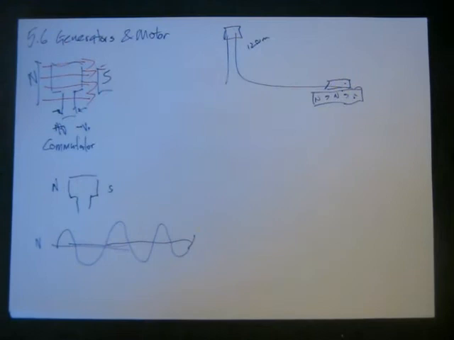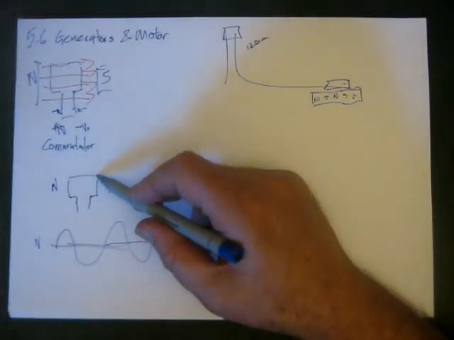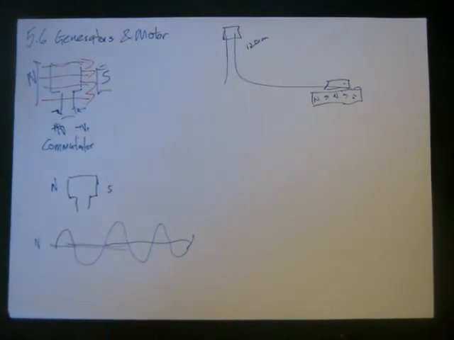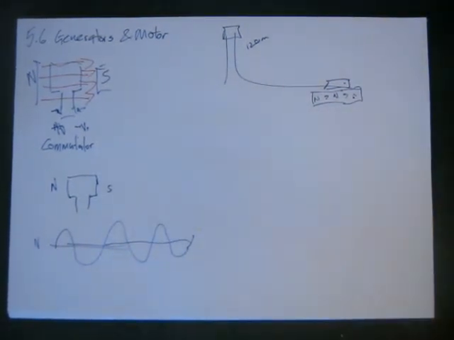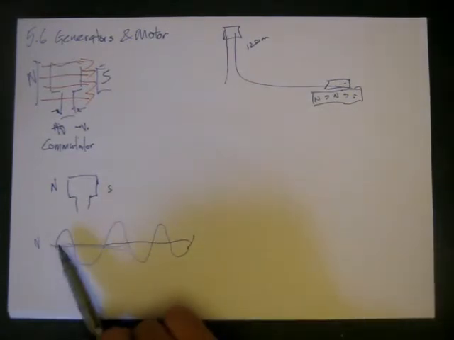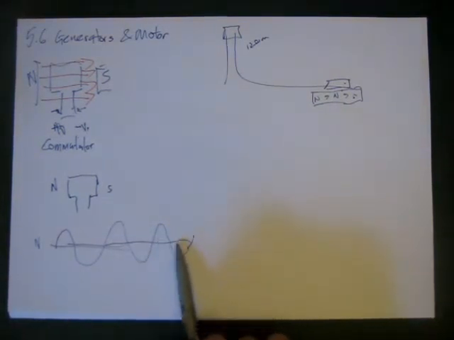Now the thing about AC, well, basically back in the day, there was a big amount of argument. Do you want electricity in AC or do you want it in DC? Nikola Tesla, who we just mentioned before, advocated AC power transmission. So it goes positive, negative, positive, negative, positive, negative.